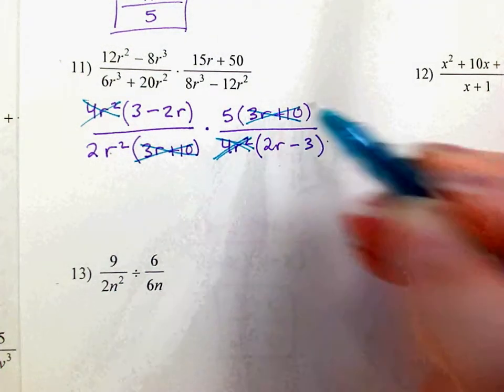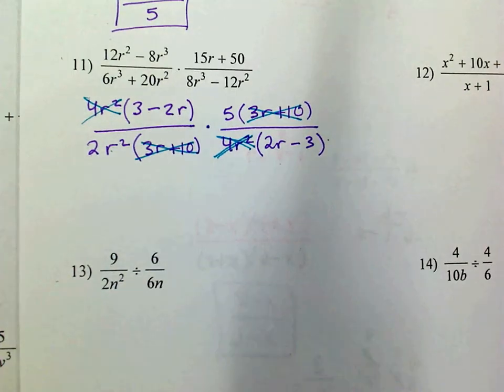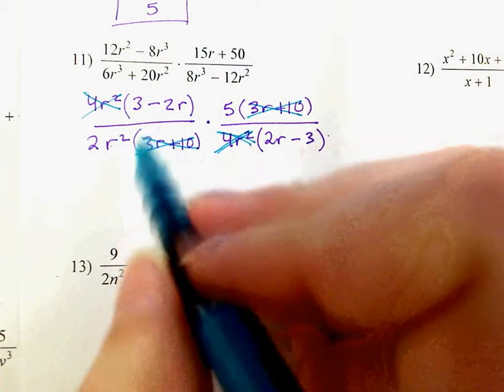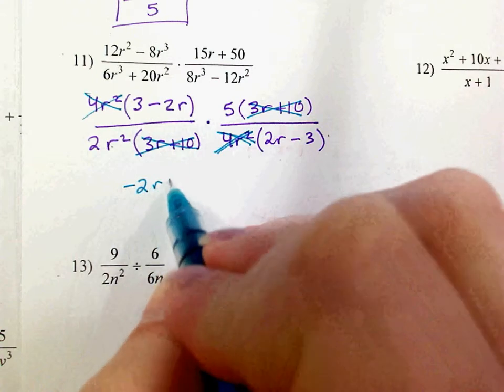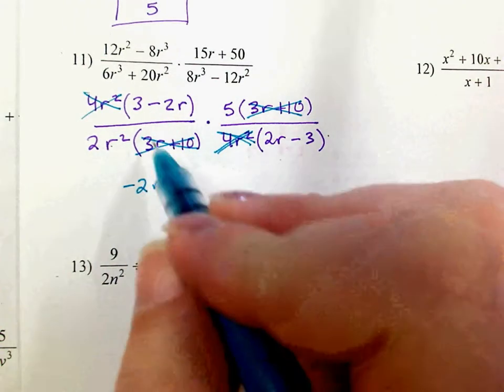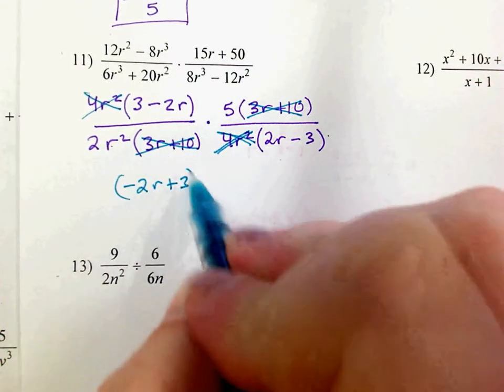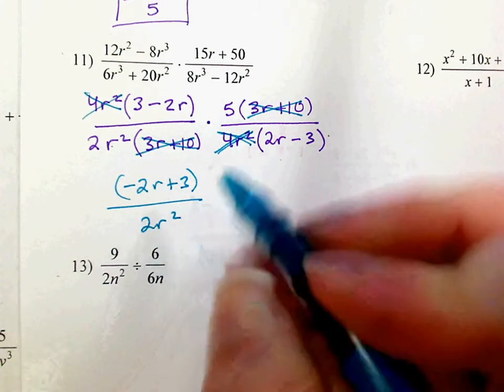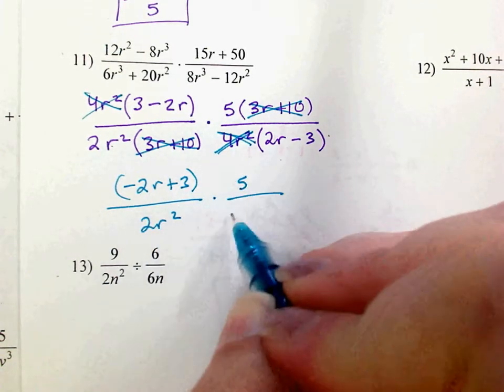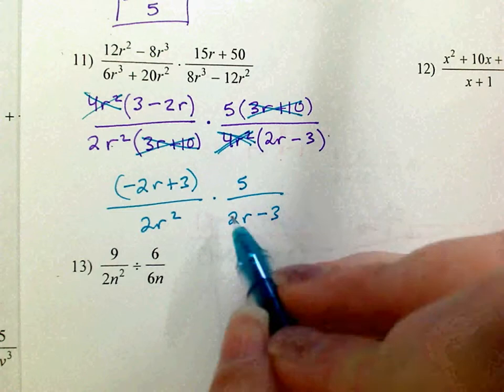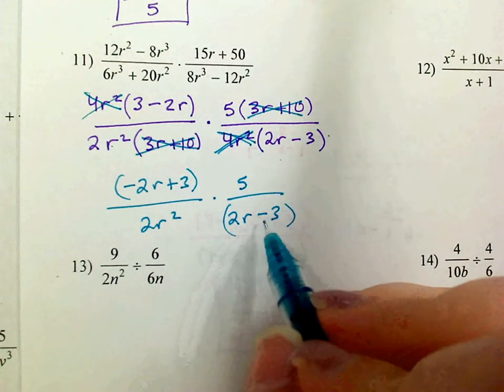Okay. There's actually one more thing that cancels out. Right, if you rewrite this, okay, I'm going to rewrite this as negative 2r plus 3. Are those the same thing? Okay, so I'm going to just so you can see what I'm doing. Do you notice how this is a positive 2r and a negative 3, this is a negative 2r and a positive 3?